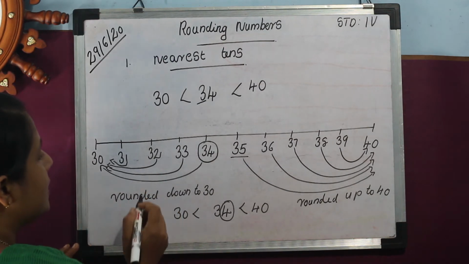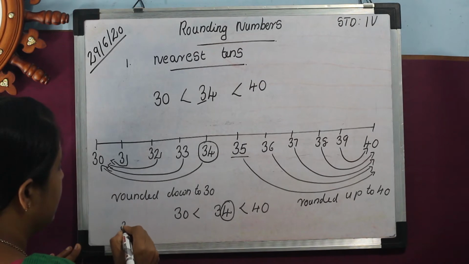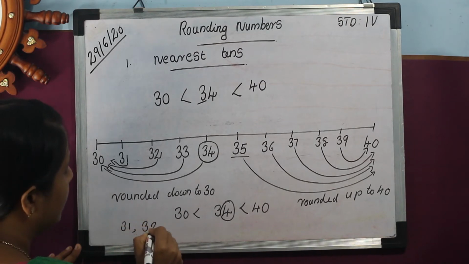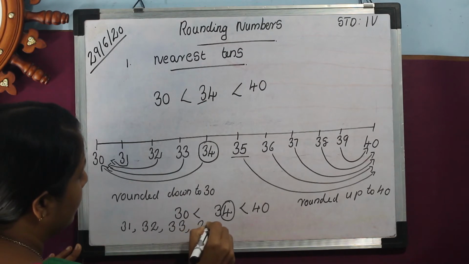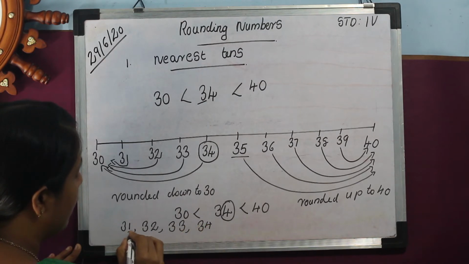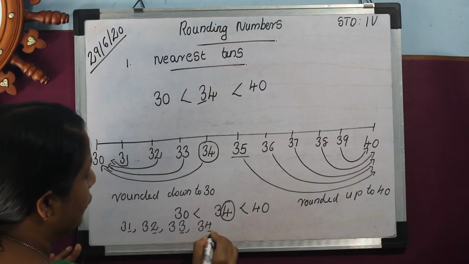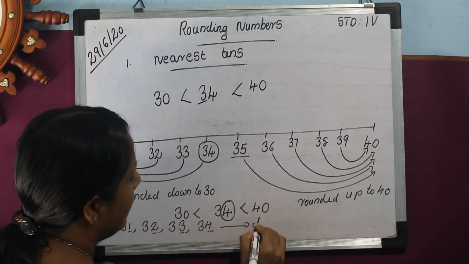Here, the 1's place values are 31, 32, 33, 34. The 1's place values 1, 2, 3 and 4 are rounded down numbers.